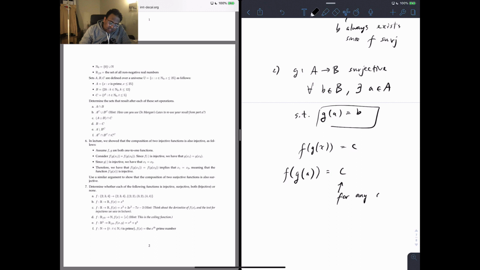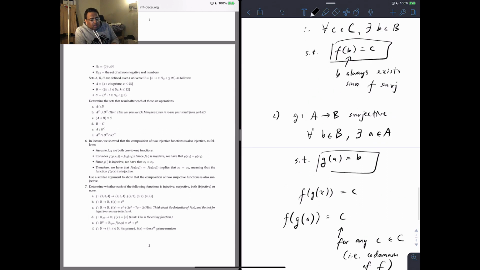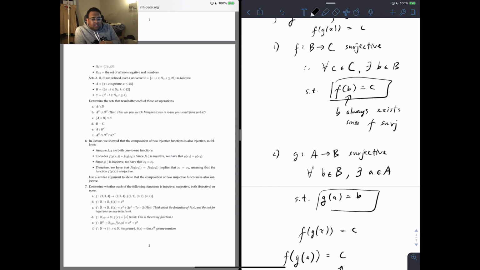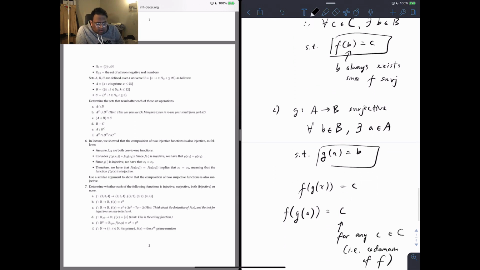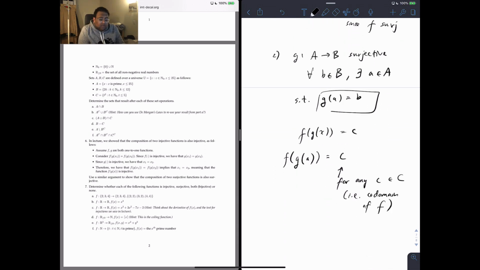Since I made no assumptions about c, all I said is that if f is a surjection, there always is something I can pass into f to get the output of c. And since g is a surjection, there's always some element I can pass into g to get the output of b. But if I can get that output of b, since f is a surjection, I can also get the output of c. So there will always exist some element a that I can pass into the composition of f and g to get the output of c.